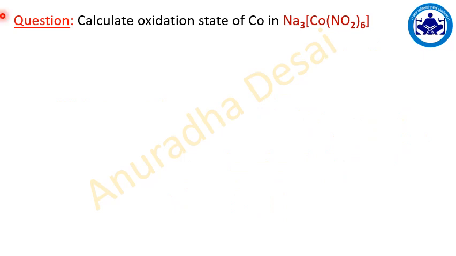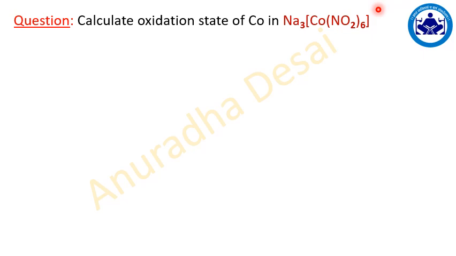Now let's go to the next question. Calculate oxidation state of Co in Na3[Co(NO2)6]. If you look at this particular complex, you will come to know that counter ions are also present along with the coordination sphere, and that is why no charge number is mentioned directly on the coordination sphere.